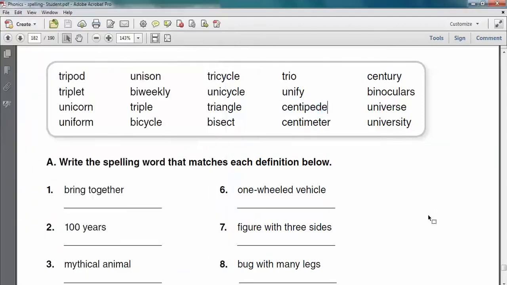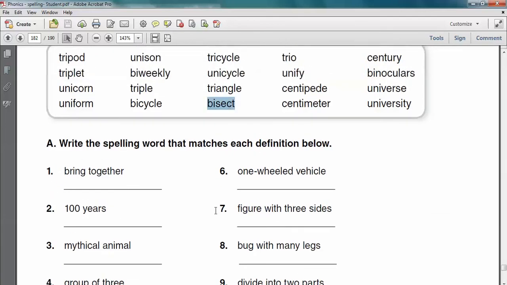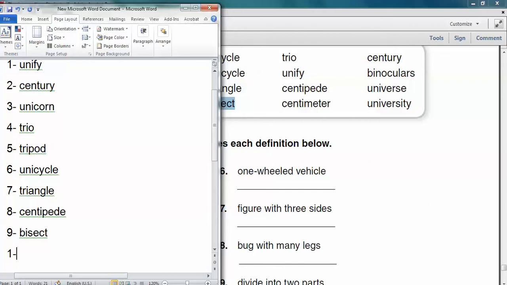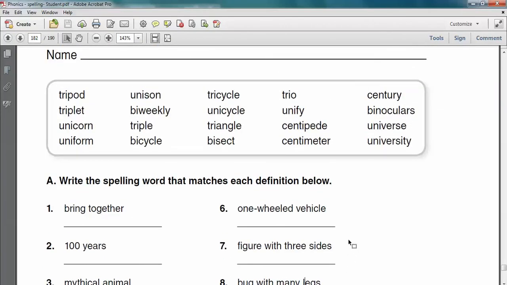After that, divide into 2 parts. To cut something into 2 parts, a verb which is bisect. And the last one for the first exercise, school for higher learning. Of course, not the high school, no, the level after the high school, which is university.